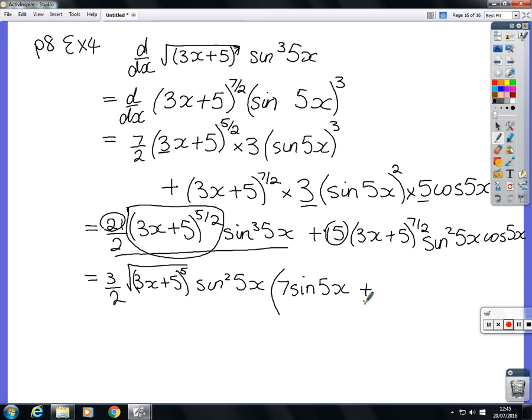Second term we need 5. 3 times 5 is 15. And we need another bracket, 3x plus 5, because this is the power of 1. Multiplying means add the powers, and we also need cos 5x.